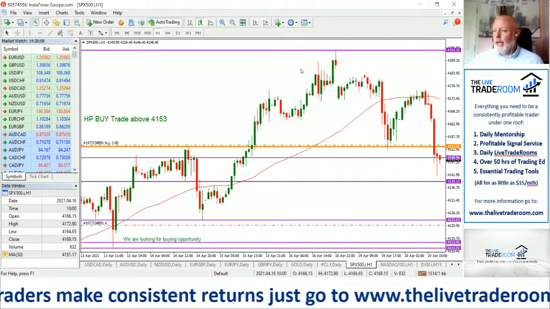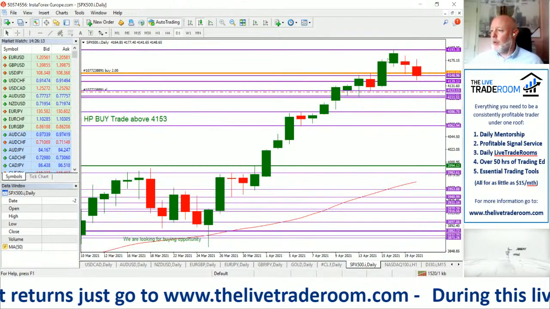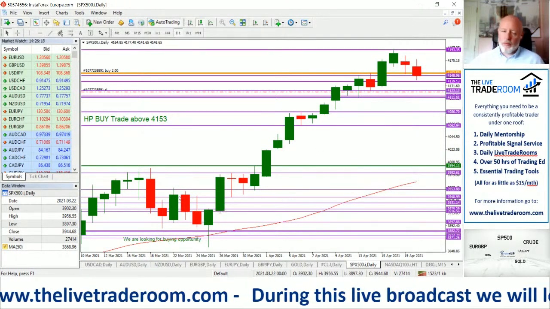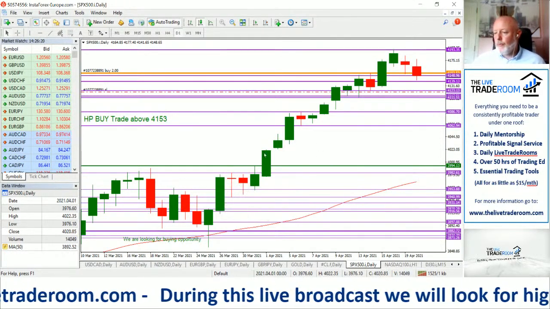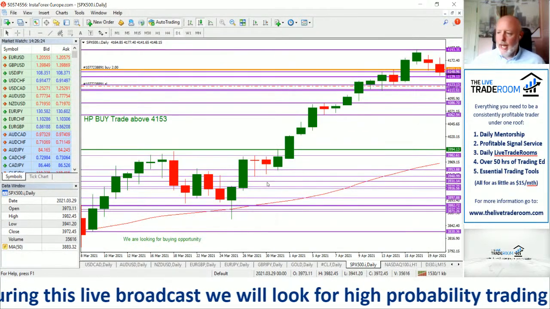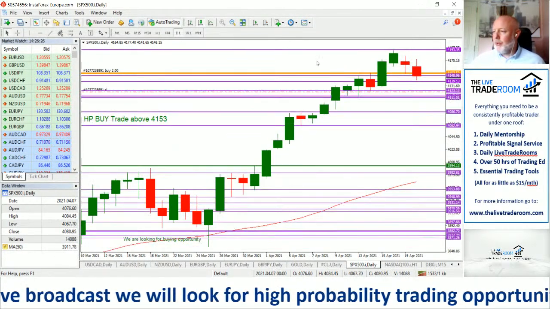Our bias is still firmly to the upside, and we're very close to all-time highs once more. Normally these pullbacks are relatively shallow, but it's not to say you wouldn't get a sharp spike like we've seen here, so we need to build that into our thinking.